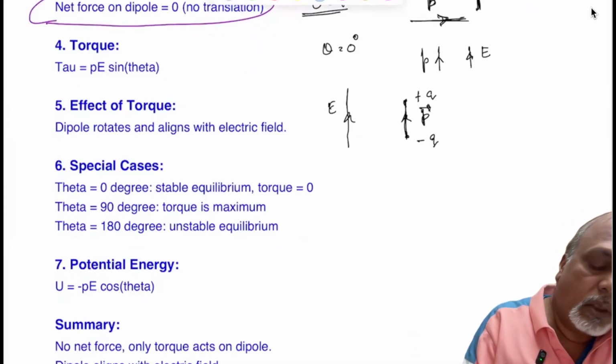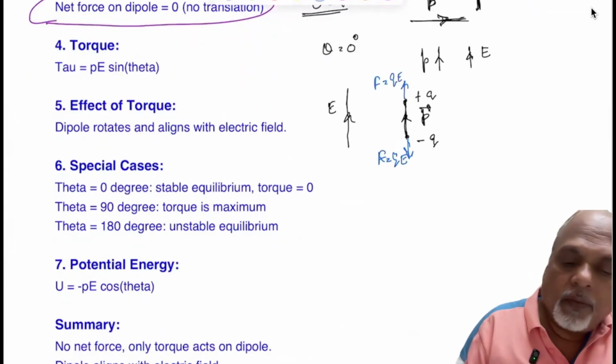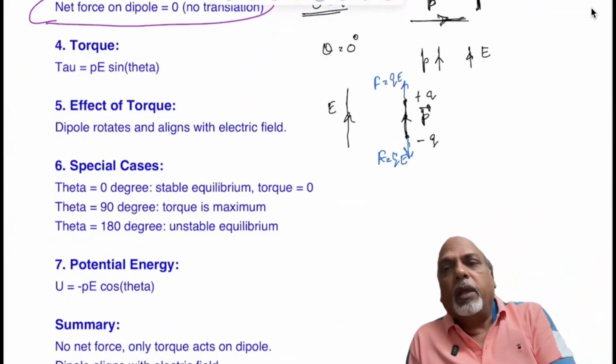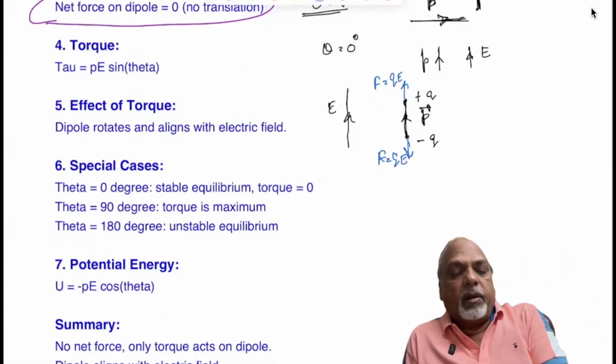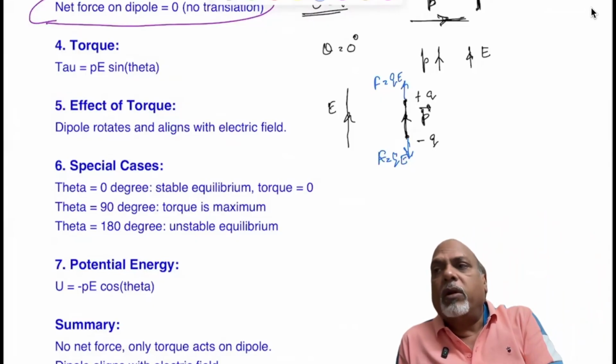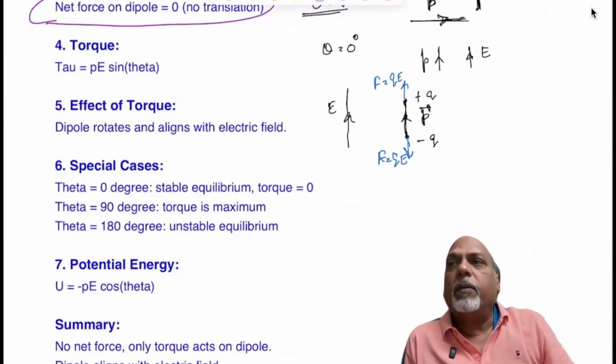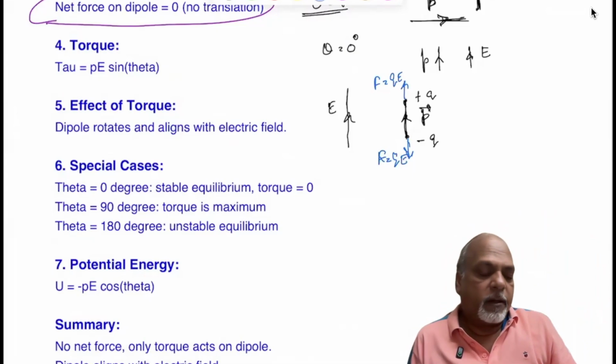Then what are the forces? This will be QE and this will be QE. Line of action of the force is same, correct? So naturally there is no torque, or there is no tendency of rotating. These forces cannot rotate the dipole basically. I hope it is clear to you, correct?